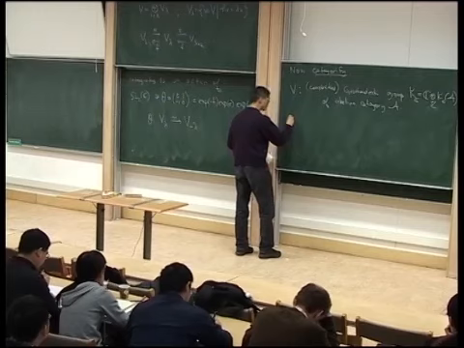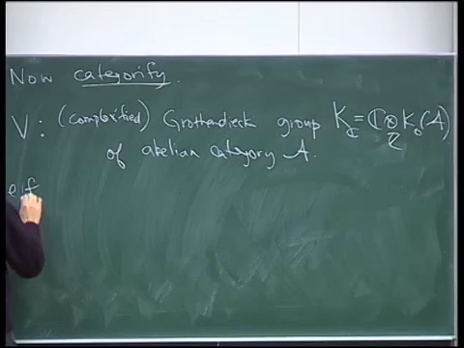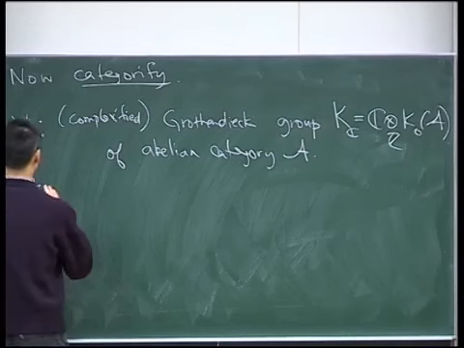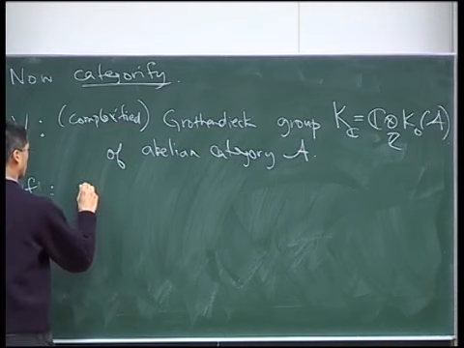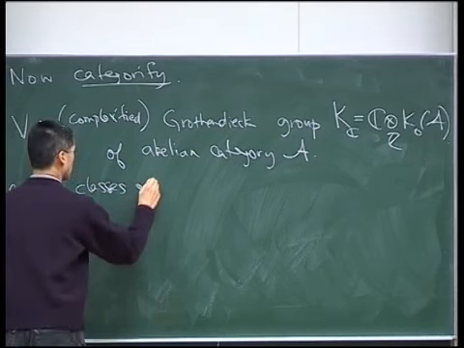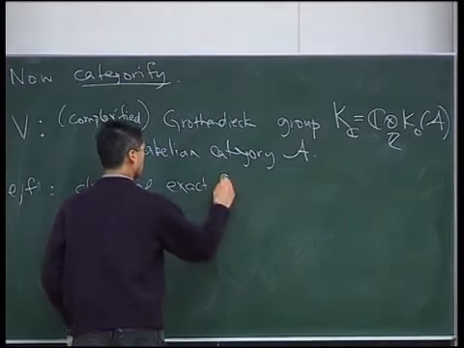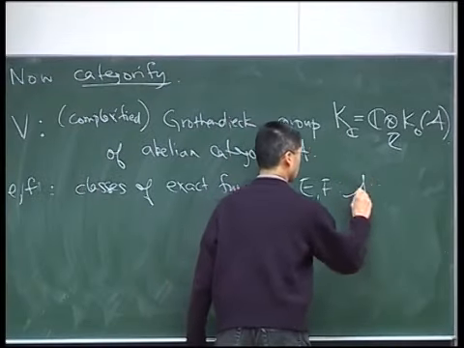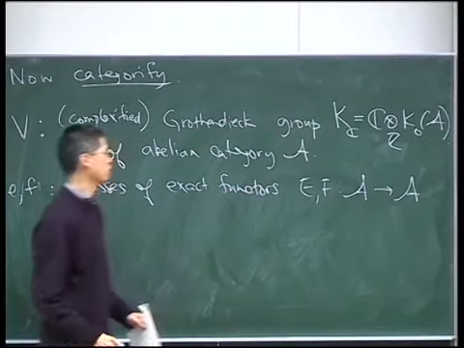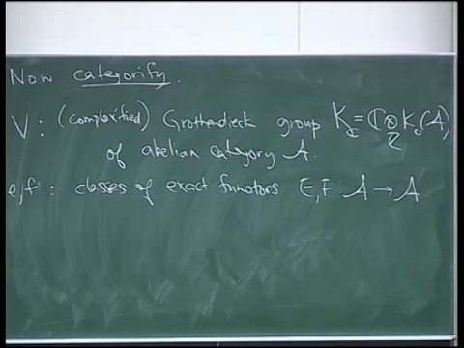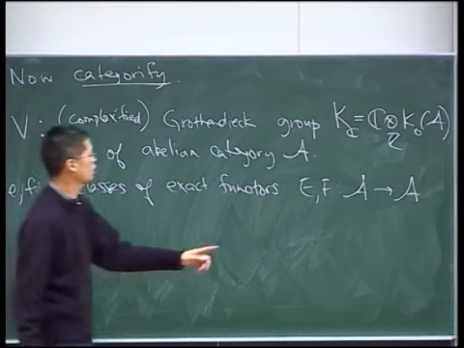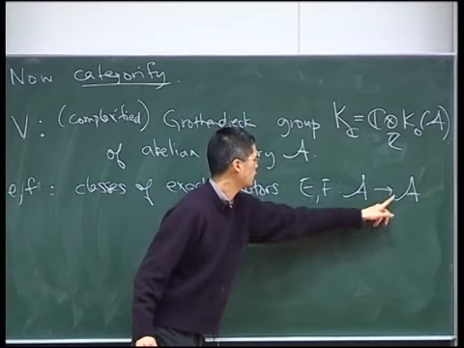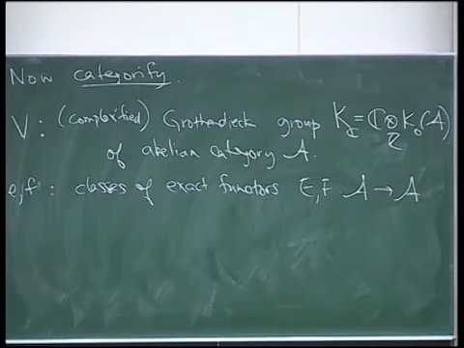So the operators E and F are going to be the classes of exact functors from A to itself. Of course, we need an exact functor in order to induce a homomorphism on the Grothendieck group.